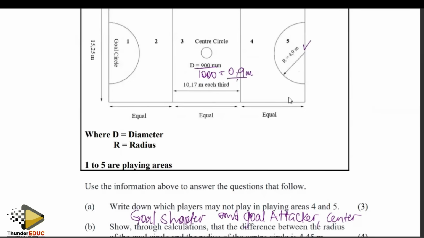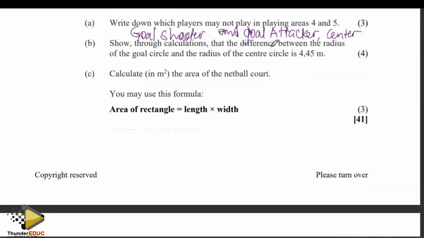We divide this by 2, end up having 0,45. So we need the difference. So we're going to subtract, which is 4,9 minus 0,45, and indeed it becomes 4,4 as they told us to show.